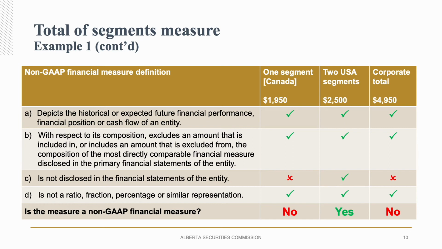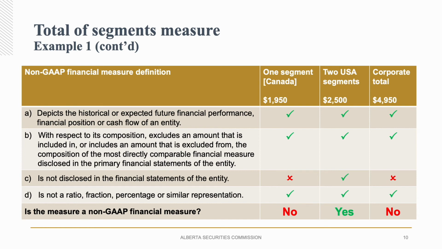But there are a total of 10 disclosure attributes for non-GAAP financial measures in Section 6 of 52-12 versus only 4 disclosure attributes for total of segment measures. So if your measure falls under the non-GAAP financial measure category, you may need to reassess to see if you have provided all of the relevant and necessary disclosures for the category of measure that you have disclosed.